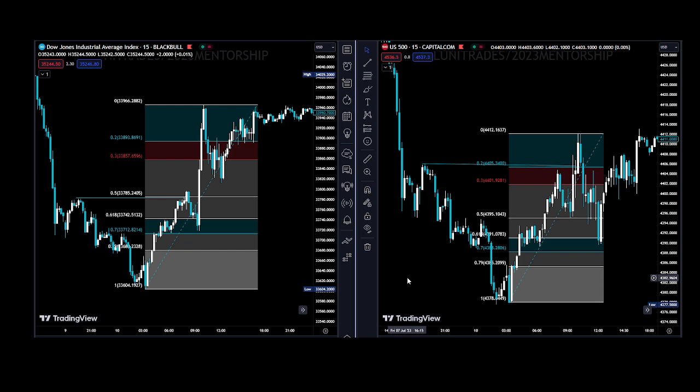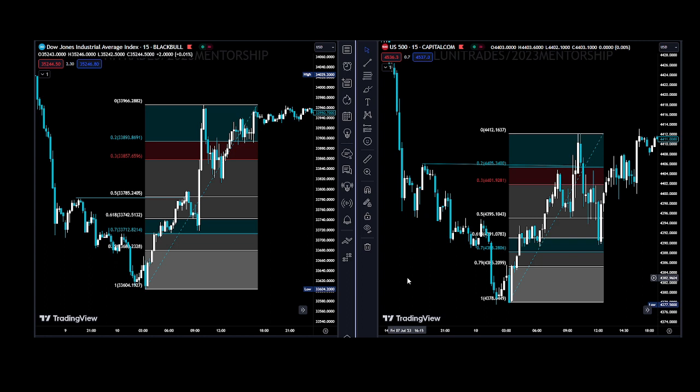But the magnitude at which they move will be different. In order to know the one that will move higher or faster, or have a higher magnitude, you need to understand relative strength analysis. And understanding relative strength analysis will help you not to miss a trade.